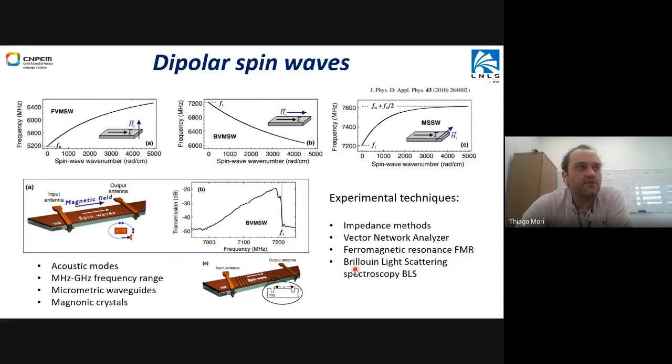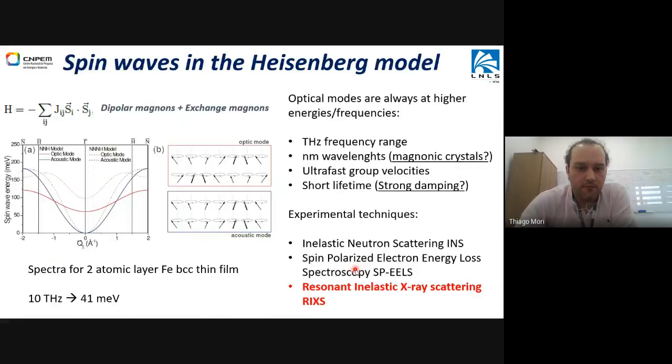This kind of technique is very easy to have in the university lab if you have money. But if we consider the most simple model, the Heisenberg Hamiltonian, we see that we don't have just the dipolar magnons. We have also the exchange magnons, which come from the exchange interaction.